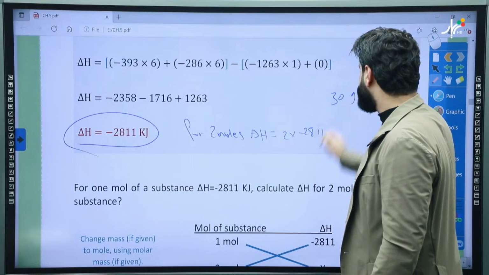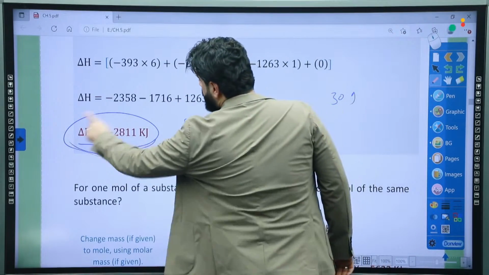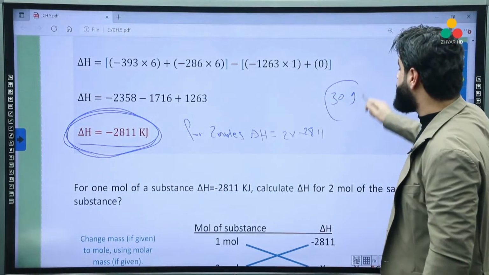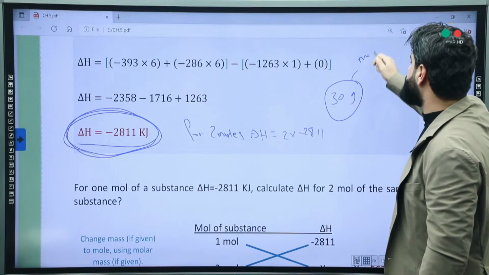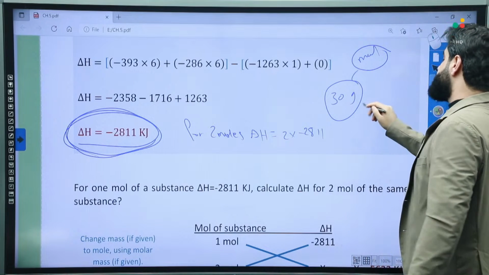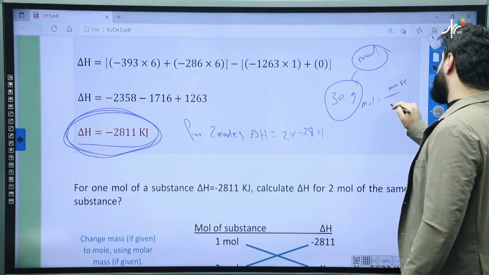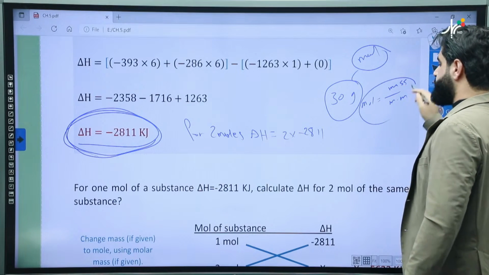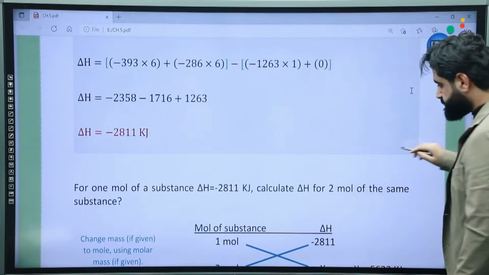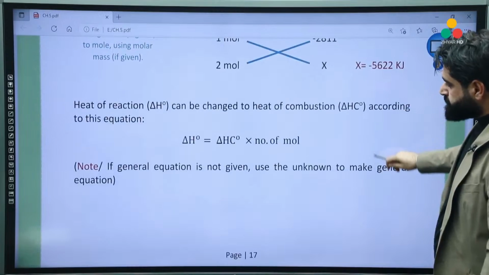For 30 gram, delta H will be, okay, you have to calculate for 1 mole as a first step. Then we don't need gram, we have to convert into number of mole. Once you calculate the number of mole, by this, mole equals mass over molar mass. When you calculate the number of mole, then multiply by your result. For 2 moles times 2.